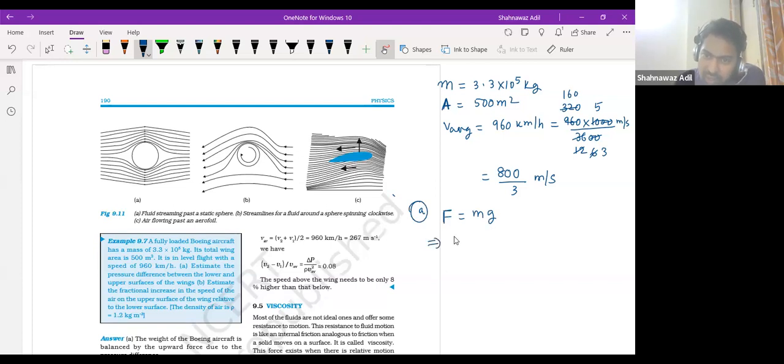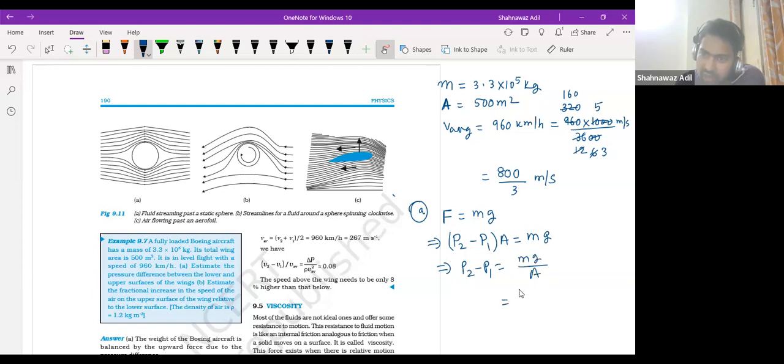This was P2 minus P1 into A, equal to mg. Right, guys? So we have to find out the pressure difference. So pressure difference would be how much? That would be mg by A.